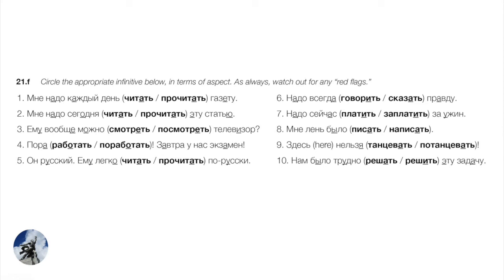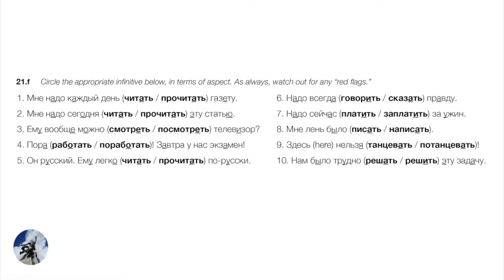Надо сейчас заплатить за ужин. Okay, what if we said надо сейчас платить за ужин? It would be something like in English saying, it's necessary to go about paying for dinner, which makes sense, but when would you really say that, right? It sounds rather strange. So again, заплатить would be far more likely here.